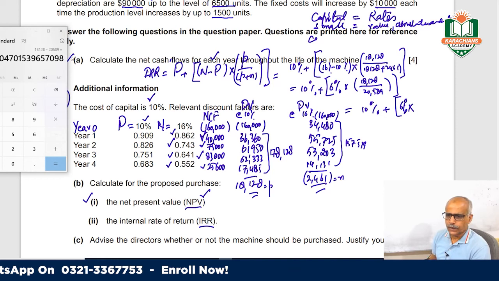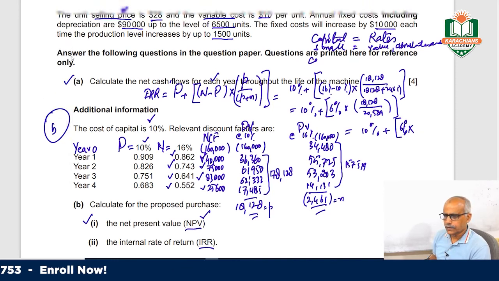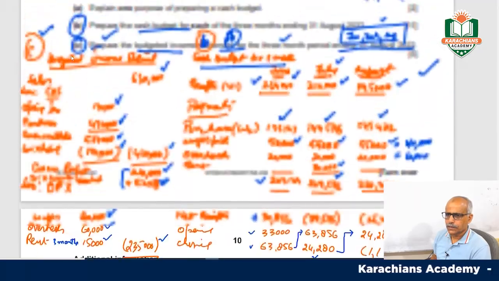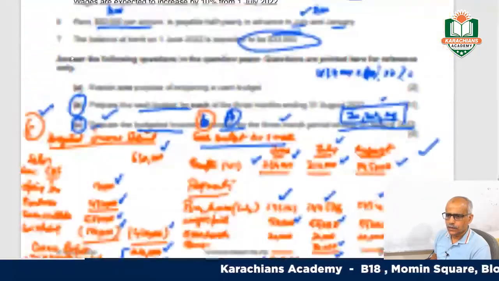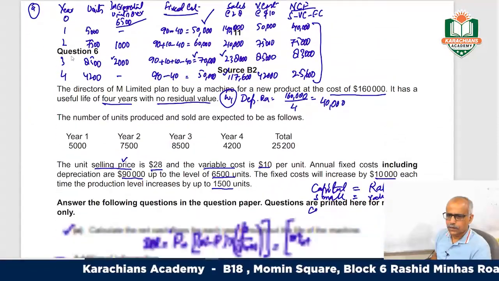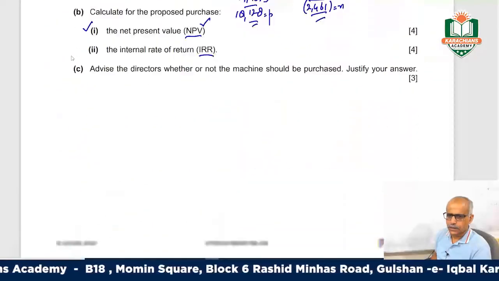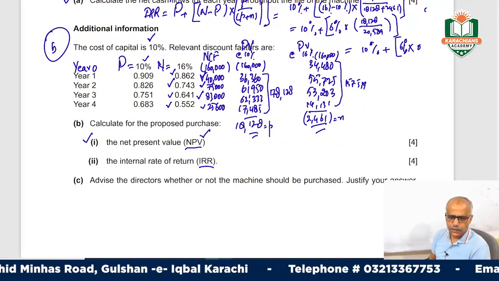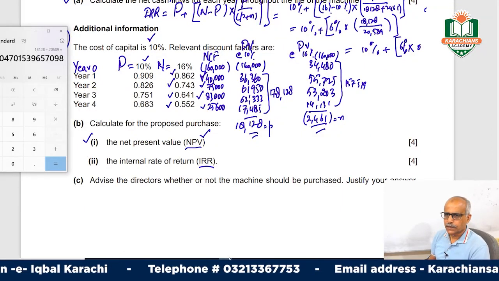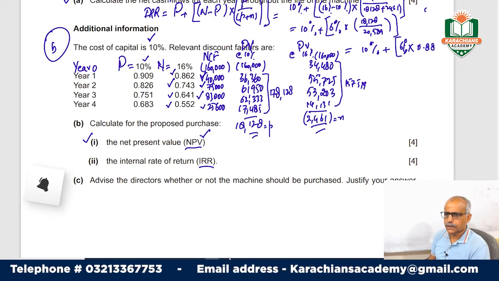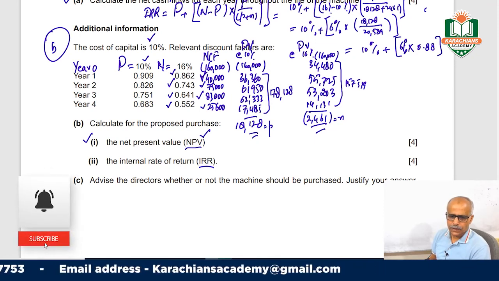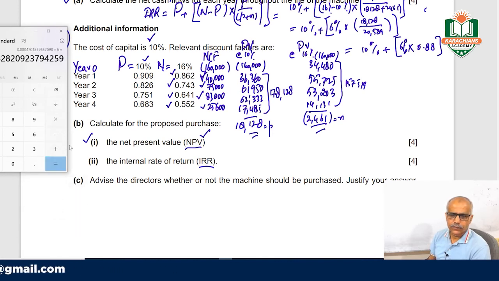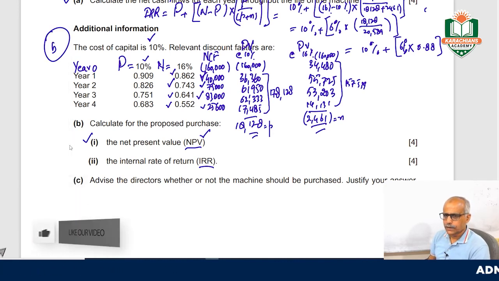This is 0.88, and if you multiply this by 6%, this will be 5.28.